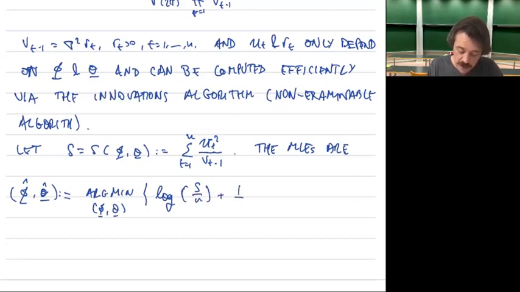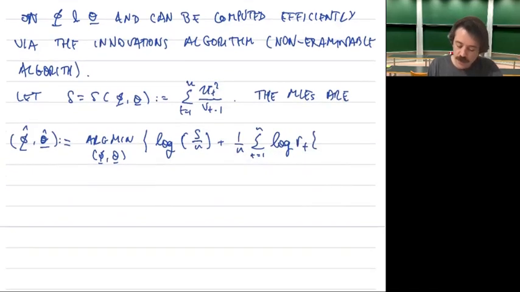And you should check this, by the way. It's just a very simple calculation that you've seen, so you may not even have to, but in case you don't like it, just check it. So this should be S over n.